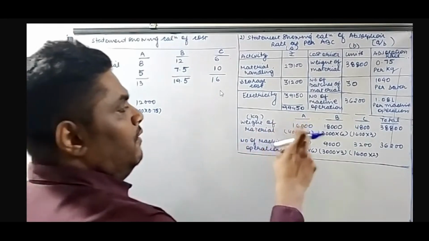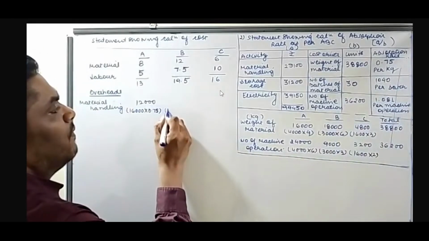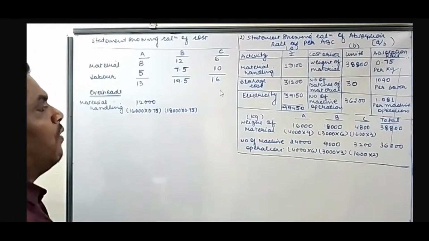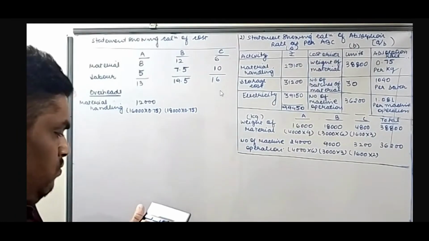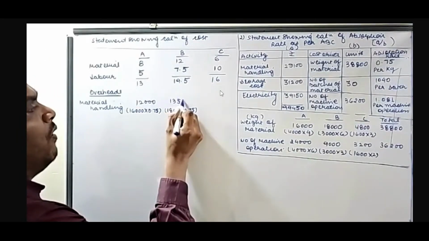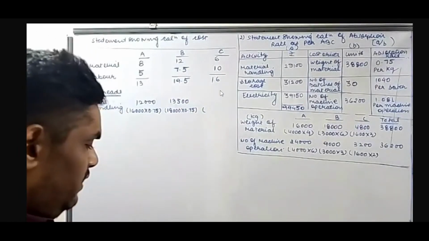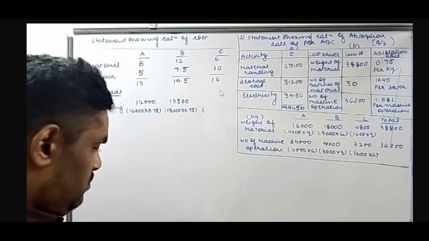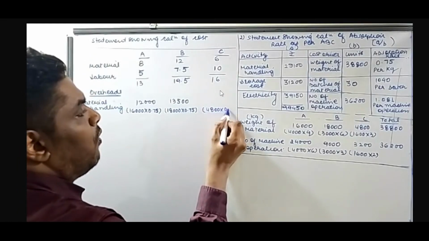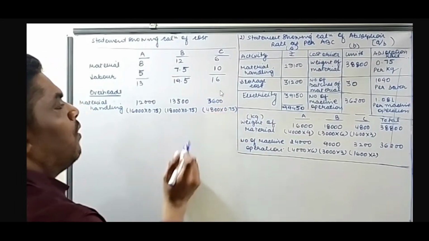Similarly, for B, it is 18,000 kgs into 0.75, so this will be 13,500. For C, it is 4,800, so this will be 3,600.